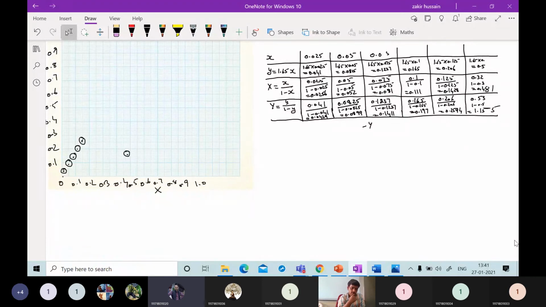Before the point, 0.25, no, sir? This one? Yes, sir. No, Ravi, how will it come 0.0? It is increasing order: 0.08, 0.12, 0.165, 0.206. Yes, sir.